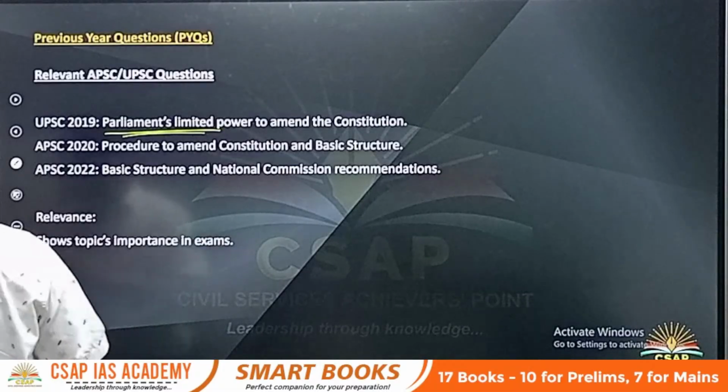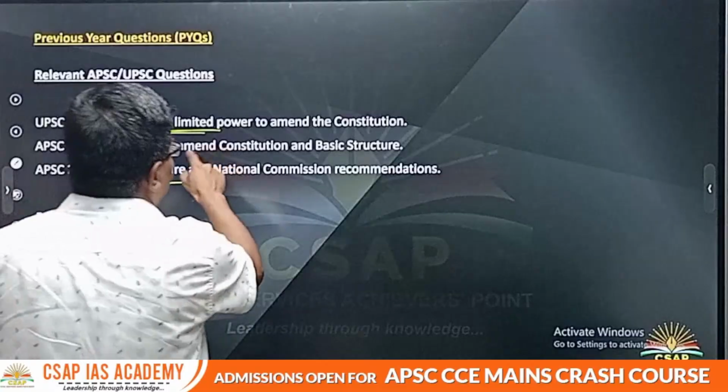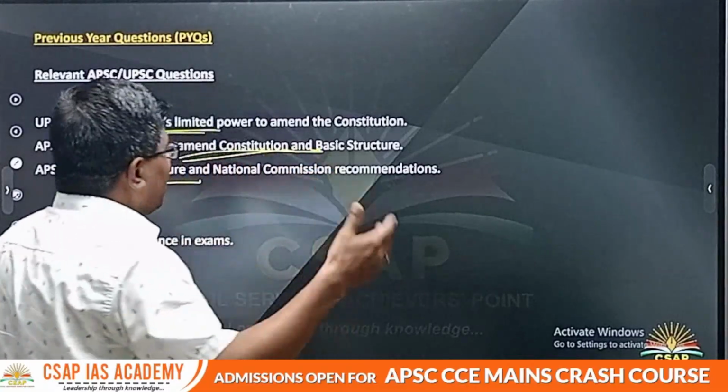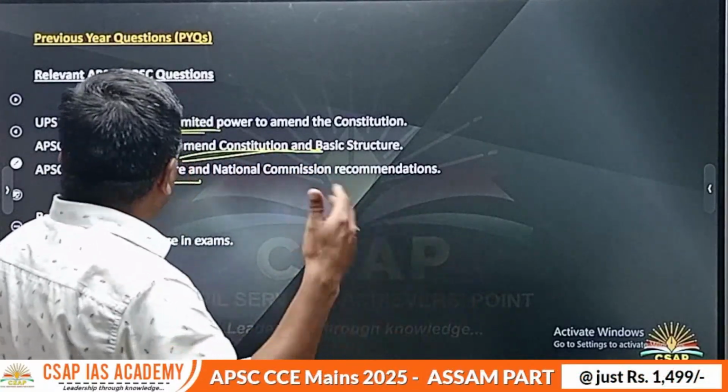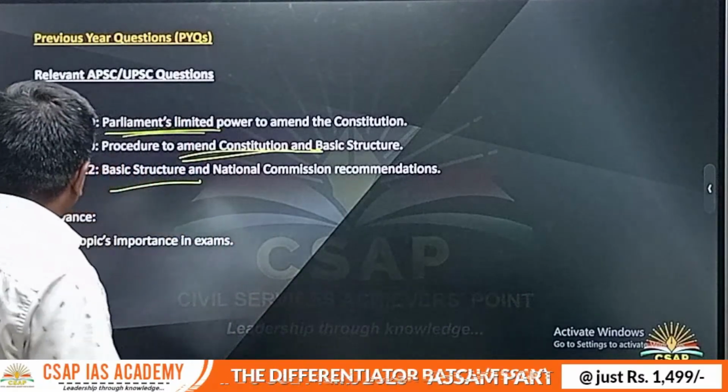So for example, the basic structure and the amendment of the Constitution, what are the provisions, what are the ways in which the Constitution can be amended, all these questions are there.